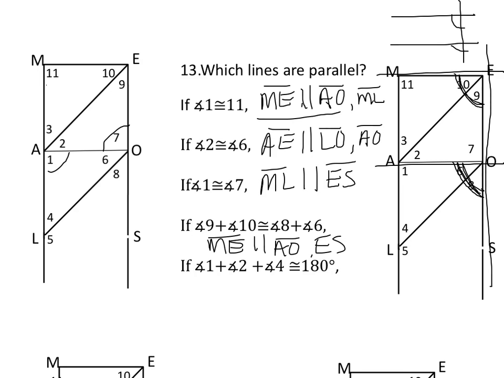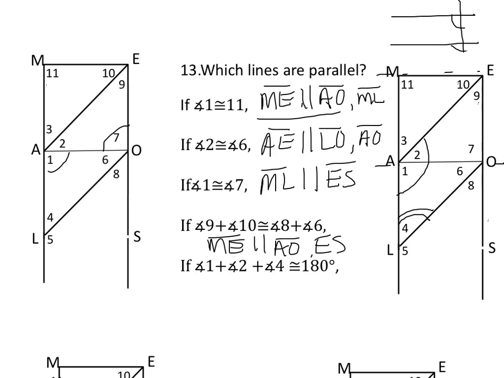Next one, if angle 1 plus 2 plus 4 equals 180. Here's 1 plus 2, and here's angle 4. So if that angle plus this angle equals 180, which lines would be parallel?